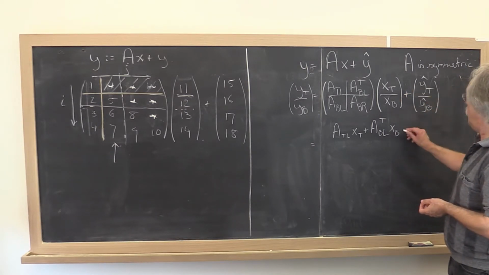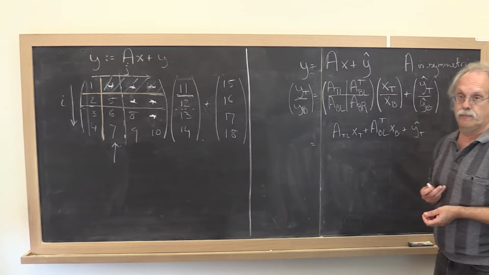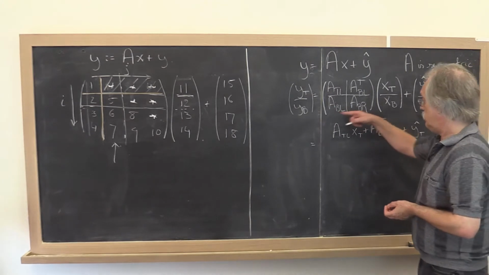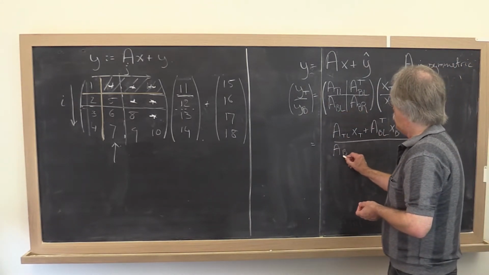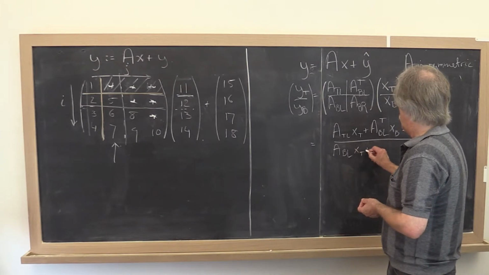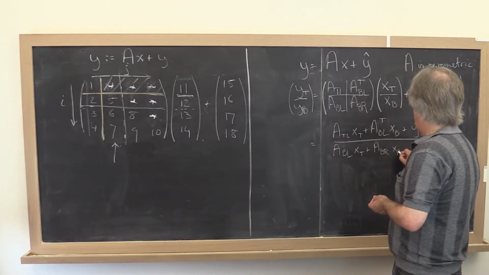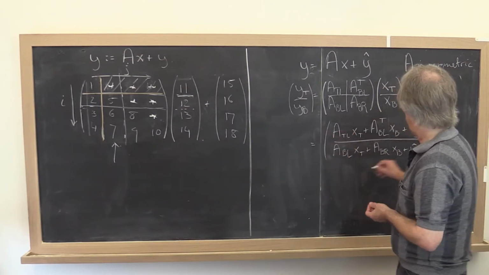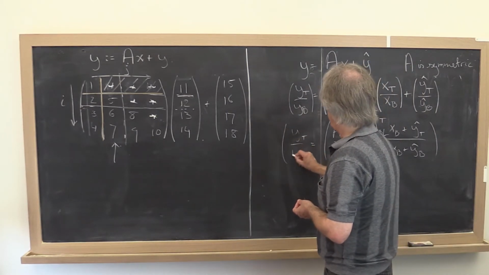And then you have to add the corresponding part of y to it. You got it? Same thing for the bottom part. And our final result must be equal to that.